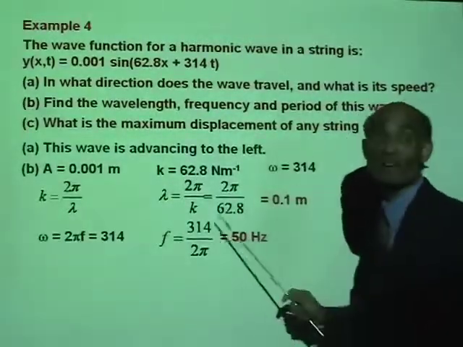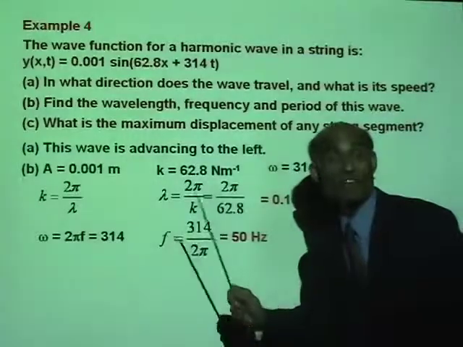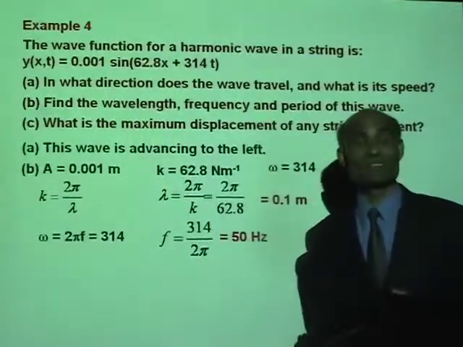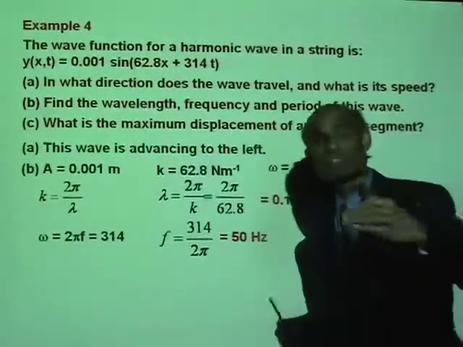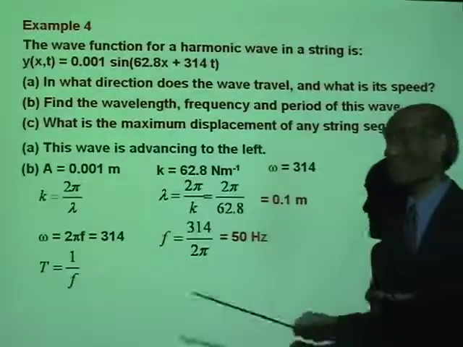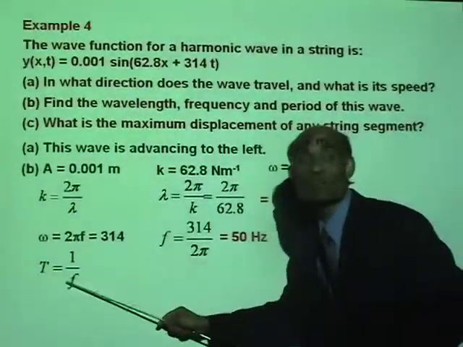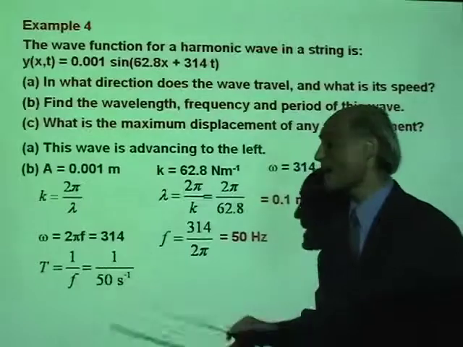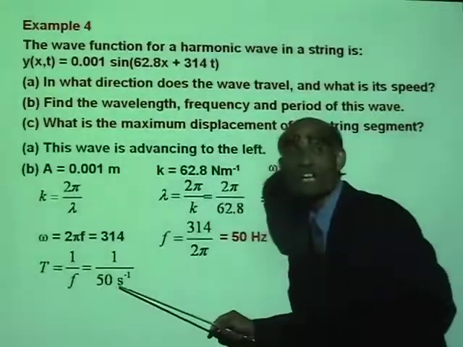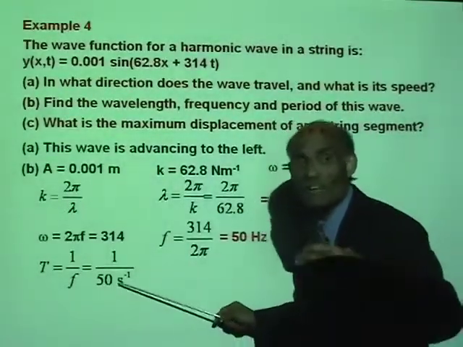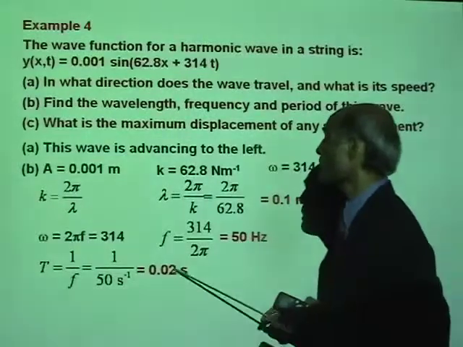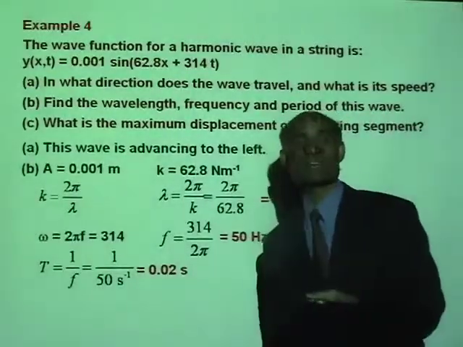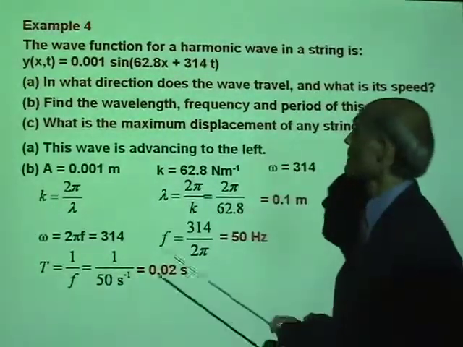What is the period? Once you know the frequency, how do you find the period? The period is the reciprocal of the frequency. Period T equal to 1 over f. That is 1 over 50 hertz. Hertz is per second, which is 0.02 second is the period.